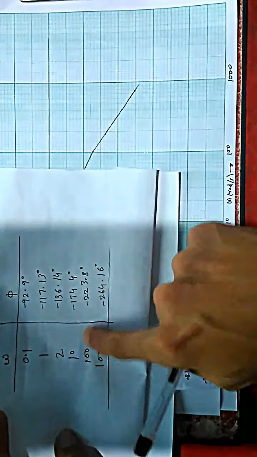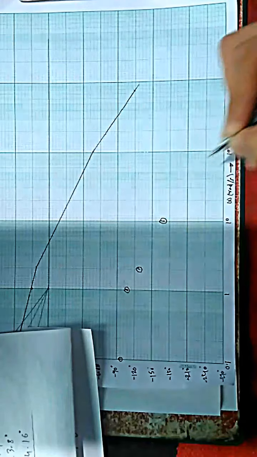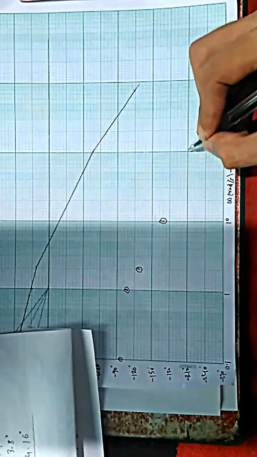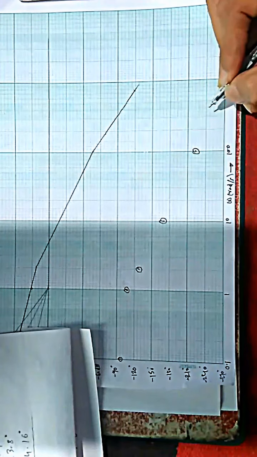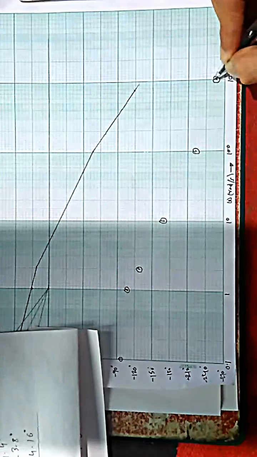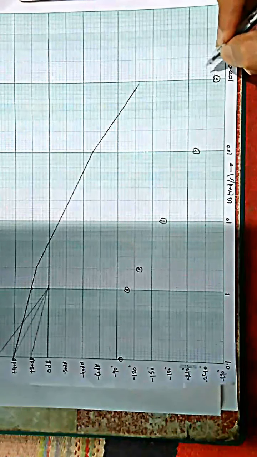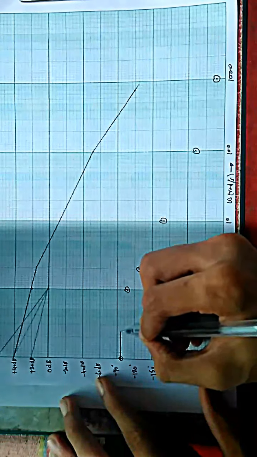Then at omega is equal to 10 we have minus 174, somewhere here. At omega is equal to 100 we have minus 223. Then for the last one we have minus 264. In the phase angle plot you don't need any scale, just join all these points with free hand.